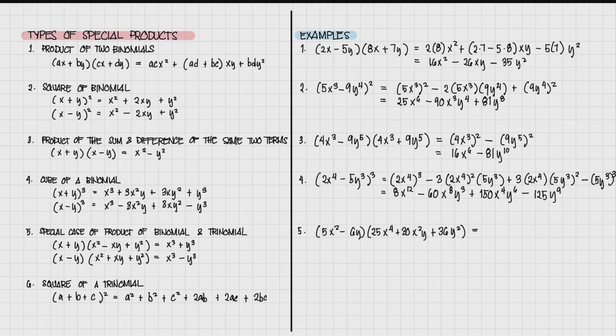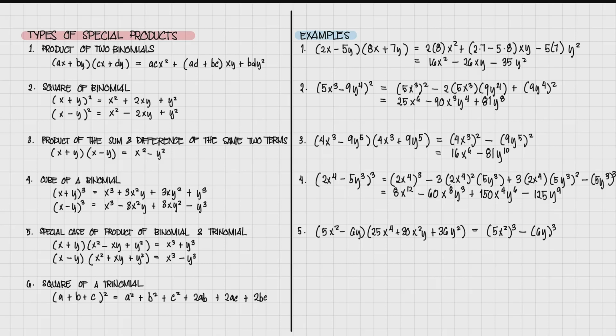So using the formula again, this one takes the form. So the product of a binomial and a trinomial is just this one. So x raised to 3. So we get 5x squared raised to 3 minus our y, which is 6y raised to 3.